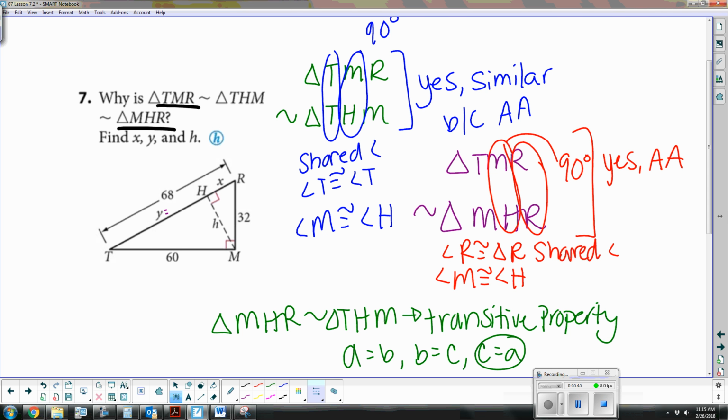Therefore, y has to be 68 minus x, and x has to be 68 minus y. We're going to use that because we can't have two variables in our proportions. We can only have one variable.